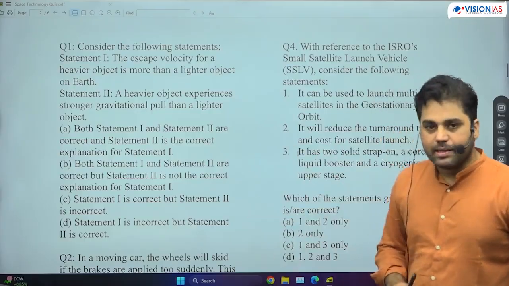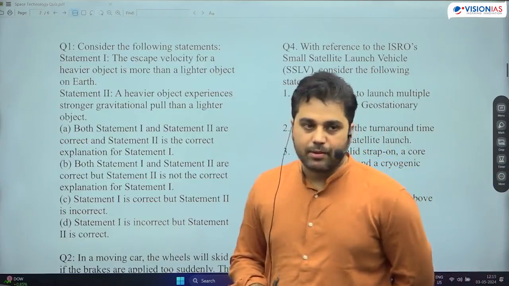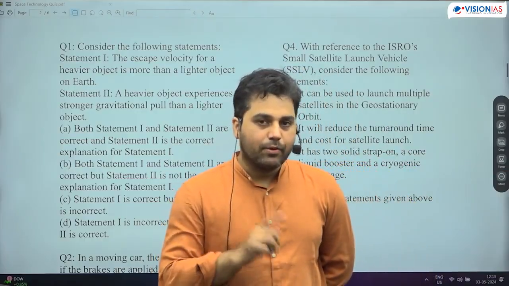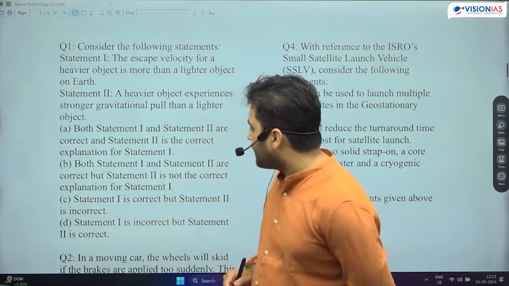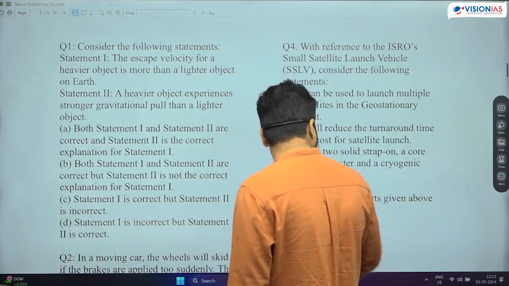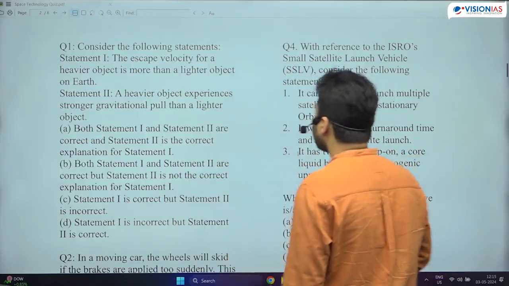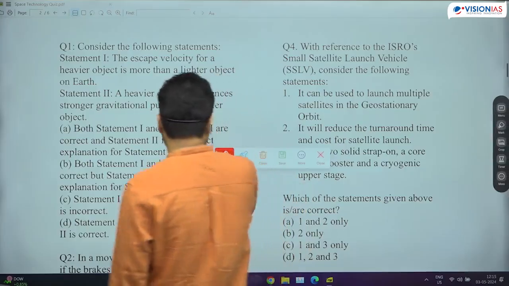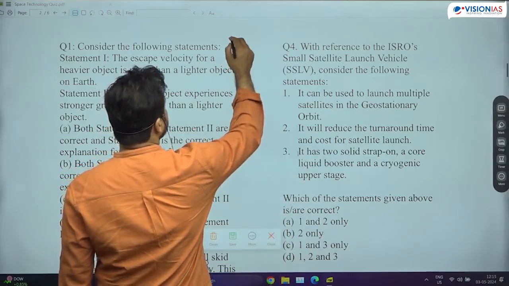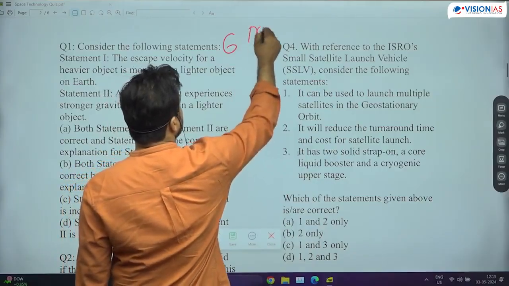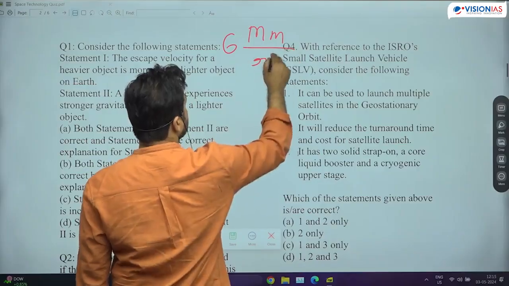A heavier object will experience more gravitational pull. That is there. But the force also determines your acceleration. I told you in the last class itself, or in previous classes I have discussed this, that a heavier object will experience GMm by r square.